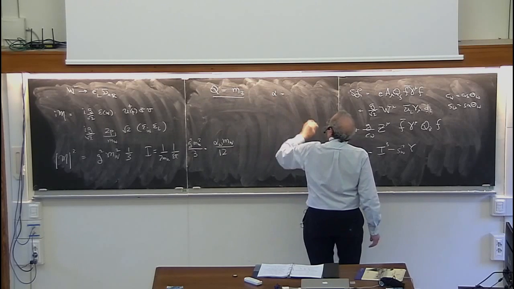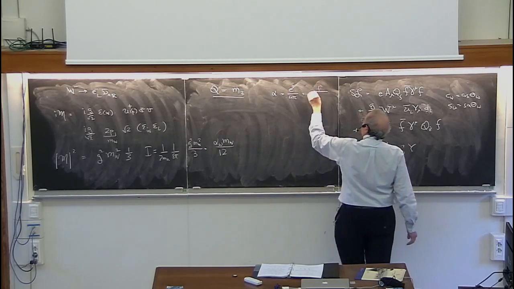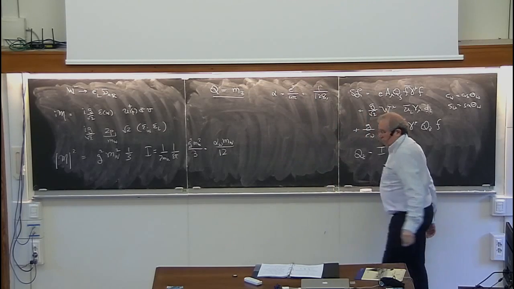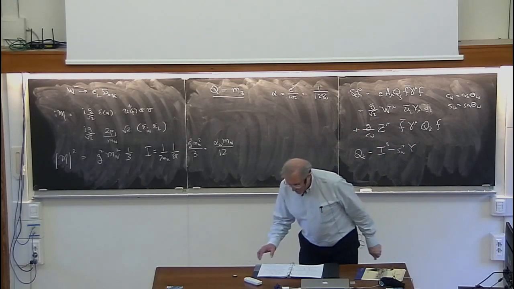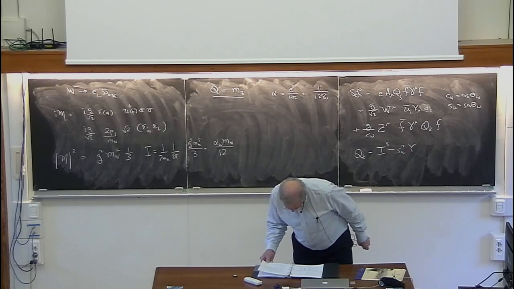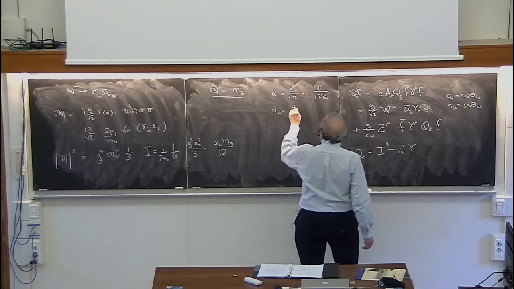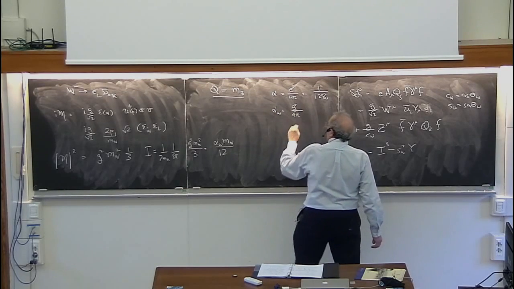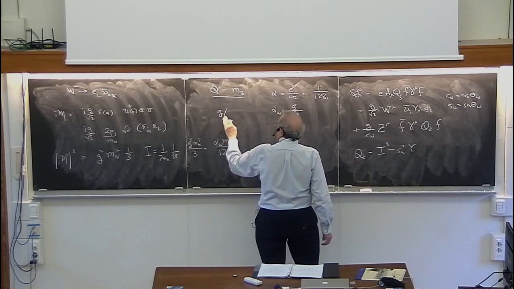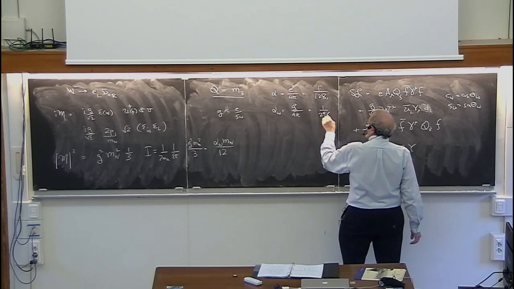So first of all, alpha, that's e squared over 4 pi, and the value there is 1 over 128, not 1 over 137. Secondly, I'm going to define alpha weak as g squared over 4 pi. As you know, g is e divided by SW in the standard model. And this is something like 1 over 29.6.